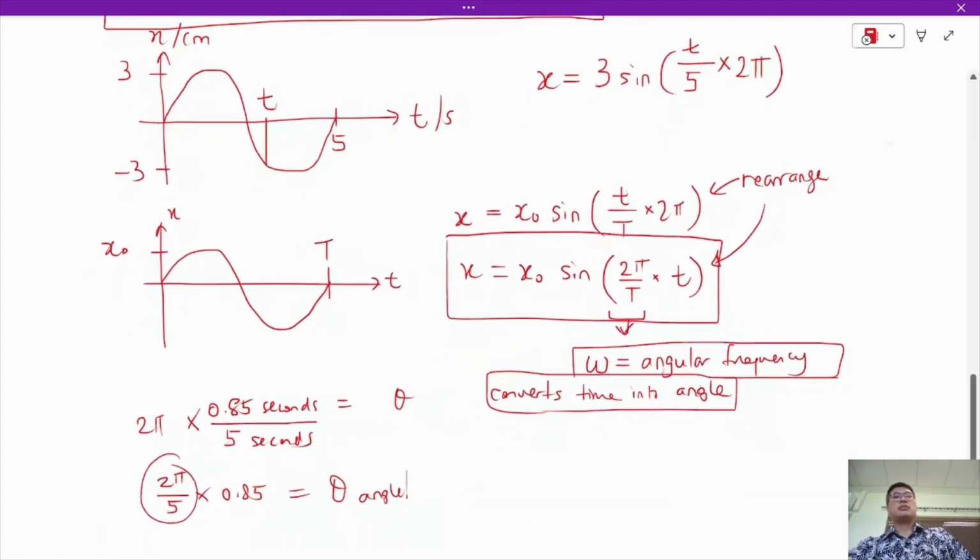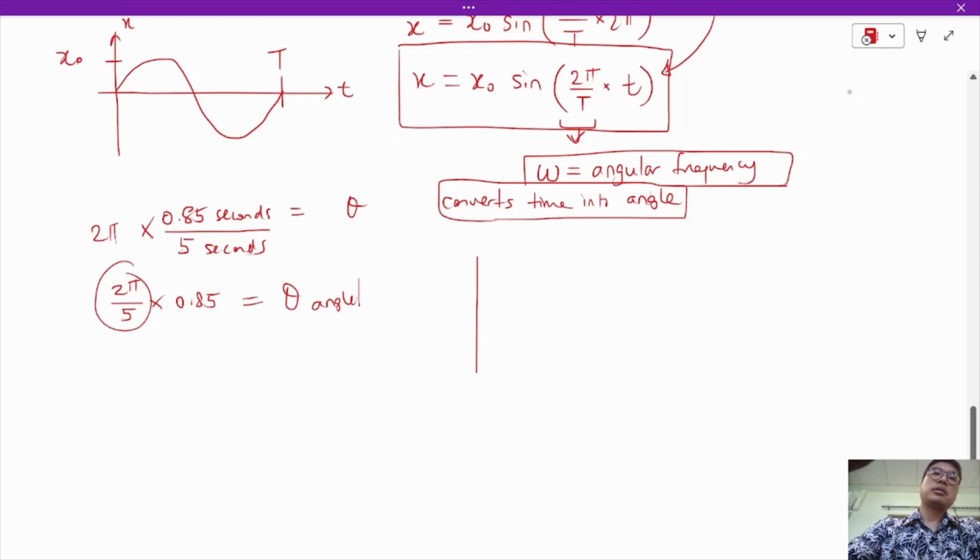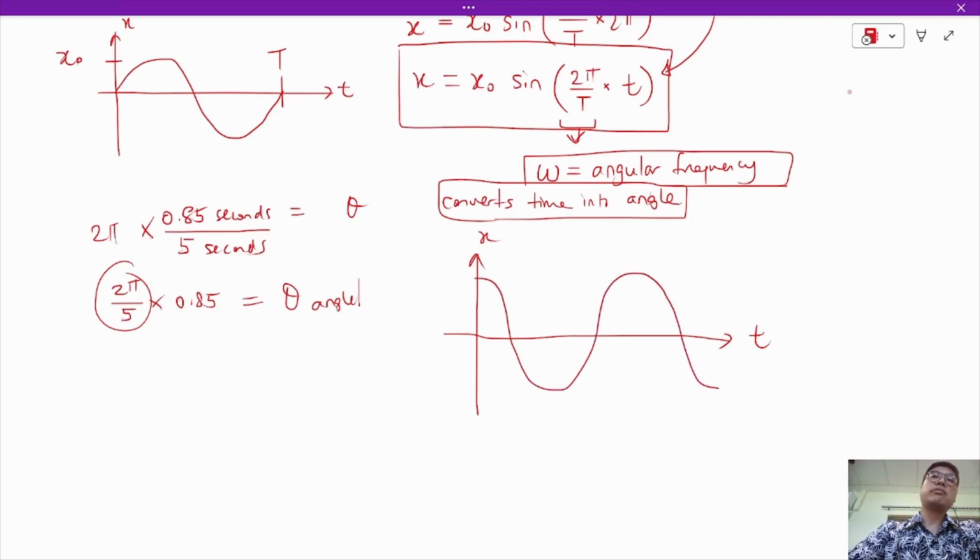All right, so why don't I test you on the next few functions over here. Here is x and here is t, and this is a cosine graph like that. This is 5 and this is minus 5. Over here, this time is 3, over here this time is 6, and over here this time is 9.